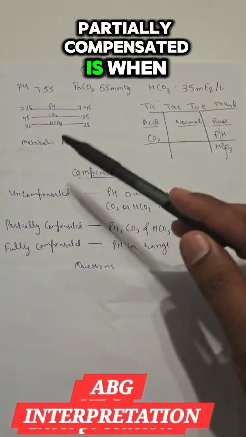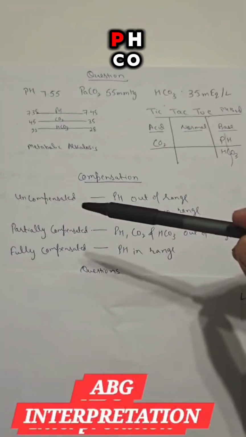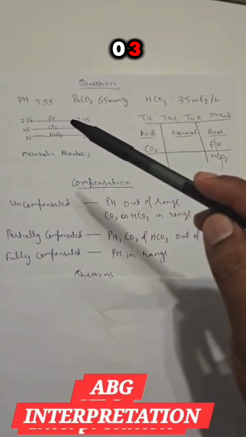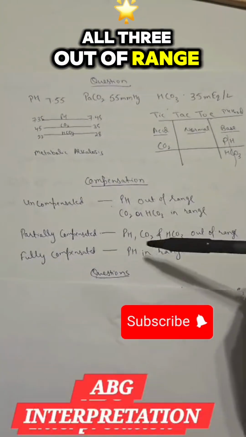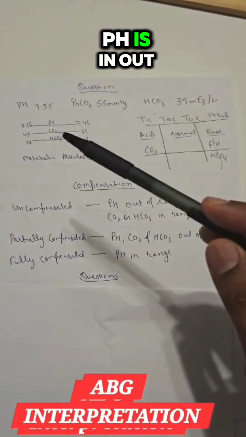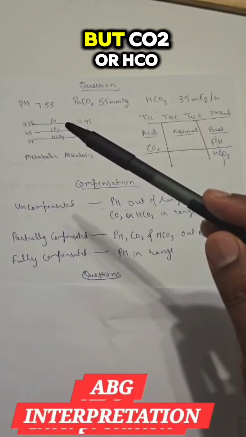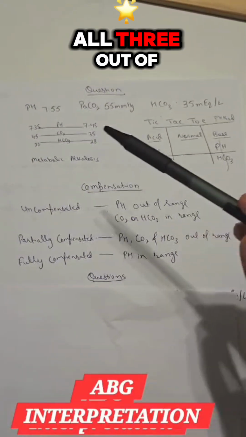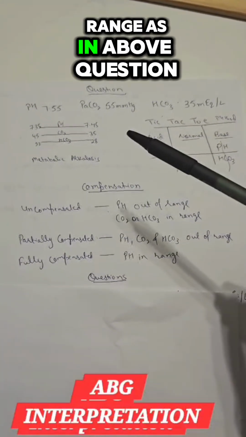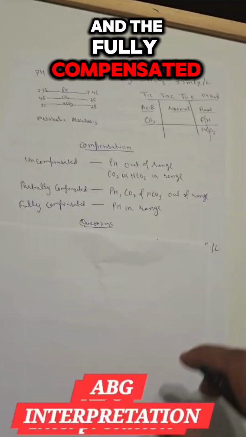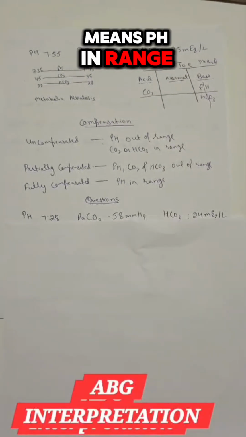Partially compensated is when pH, CO2, HCO3, all three are out of range. So in the first one, pH is out of range, but CO2 and HCO3 are in range. Here, all three are out of range, as in the above question. And fully compensated means pH is in range.